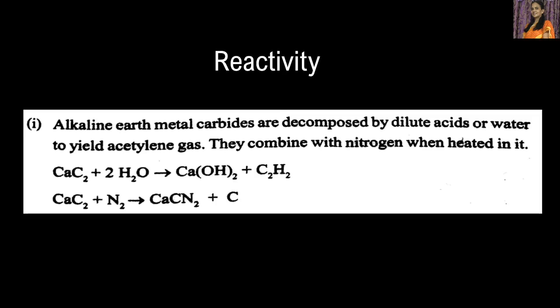This is one reaction. The second is that when these alkaline earth metal carbides are heated in the presence of nitrogen, they combine with nitrogen on heating. If it is heated with nitrogen, we get calcium cyanamide, CaCN2 plus C.